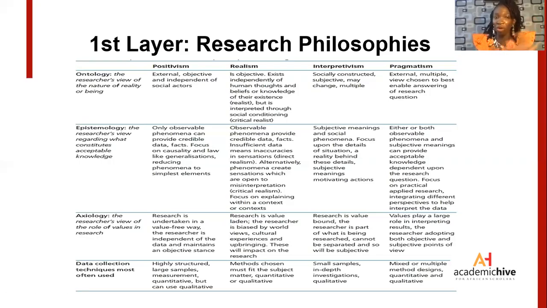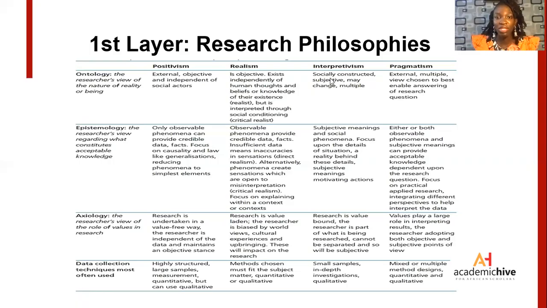You don't want to bring in your own view, okay? You want to be independent of the social actors, let's say your respondents, for example. You don't want to be part of the respondent. You want to view it objectively. Realism, yes, it's objective. You exist independently, okay? But then you're interpreting it through social conditioning.